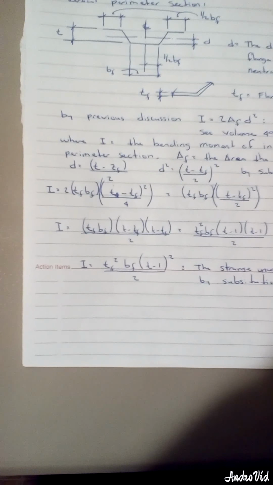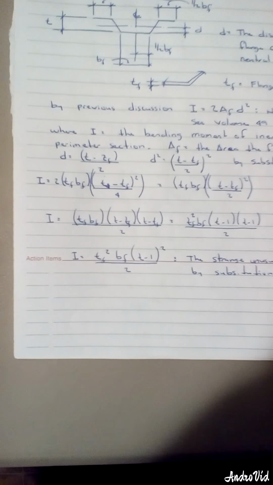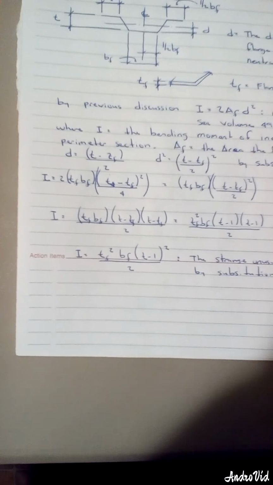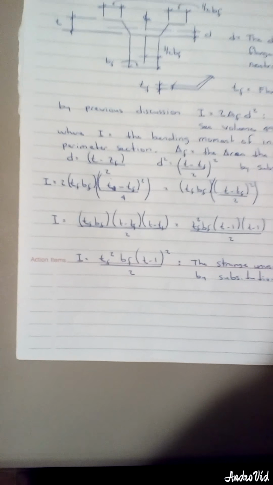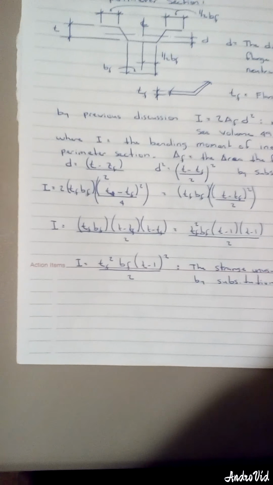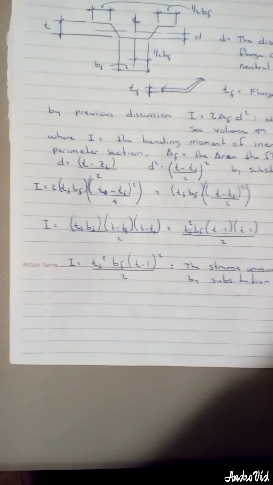And so then from that I becomes t sub f b sub f times T minus t sub f times T minus t sub f, and that whole top portion then divided by 2.